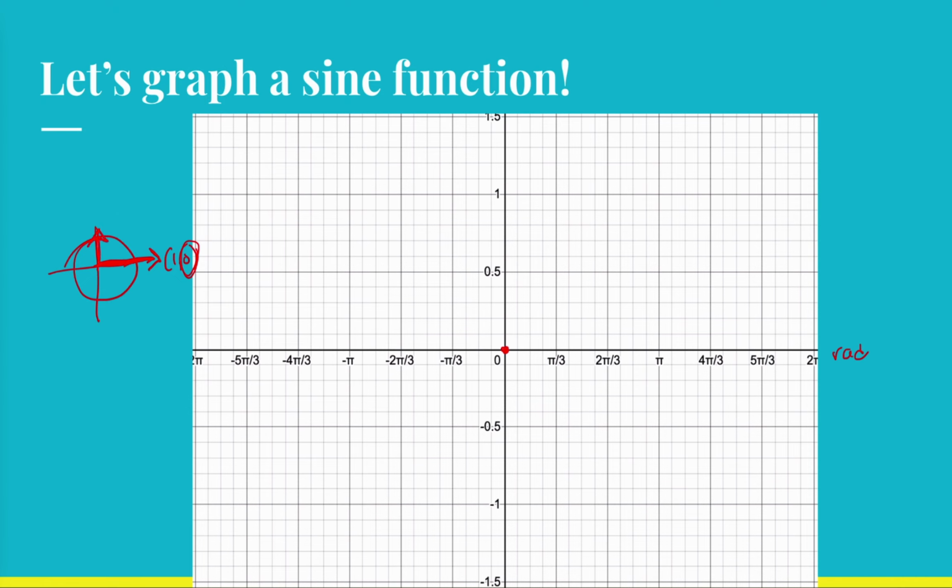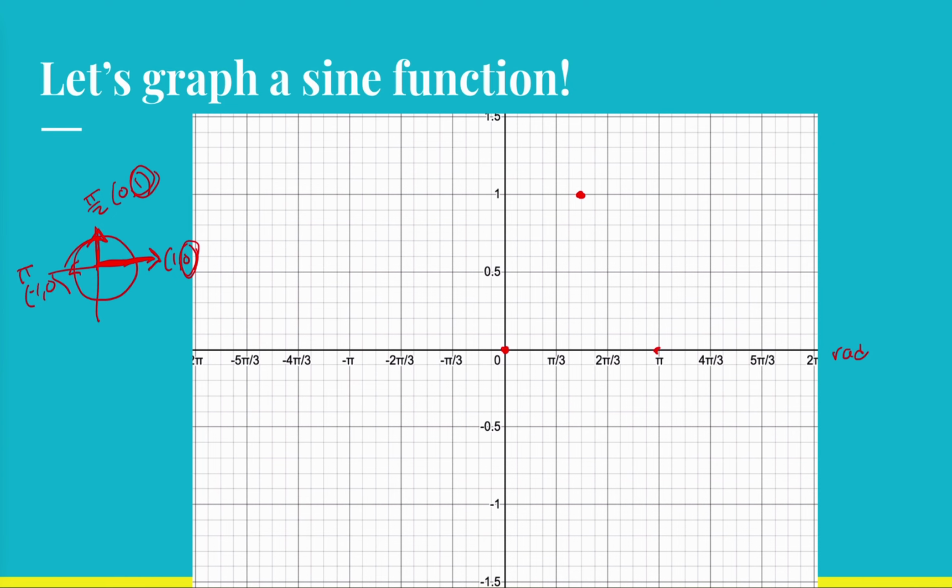At 90 degrees, or pi over 2 radians, the coordinates are 0, 1. So at pi over 2, our y value is 1. And then at pi radians, this is negative 1, 0.